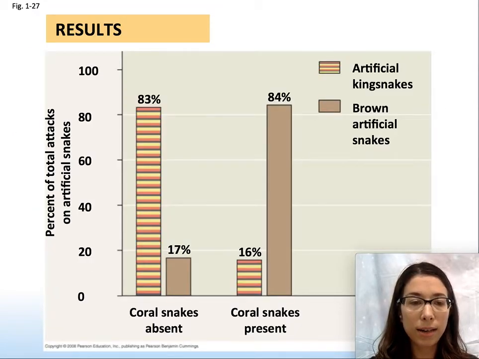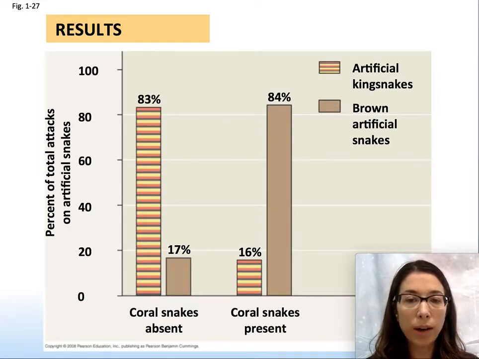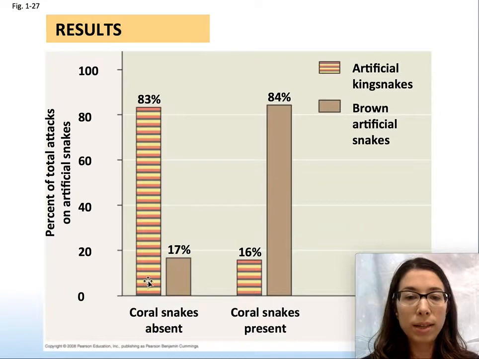And here's their data. Because they designed the experiment in a way that allowed them to get quantitative data, they were able to create measurements and bar graphs to demonstrate their data. Here's the north region in the Carolinas, where the coral snakes are absent, and we could see that the artificial king snakes were attacked much more frequently than the brown snakes.